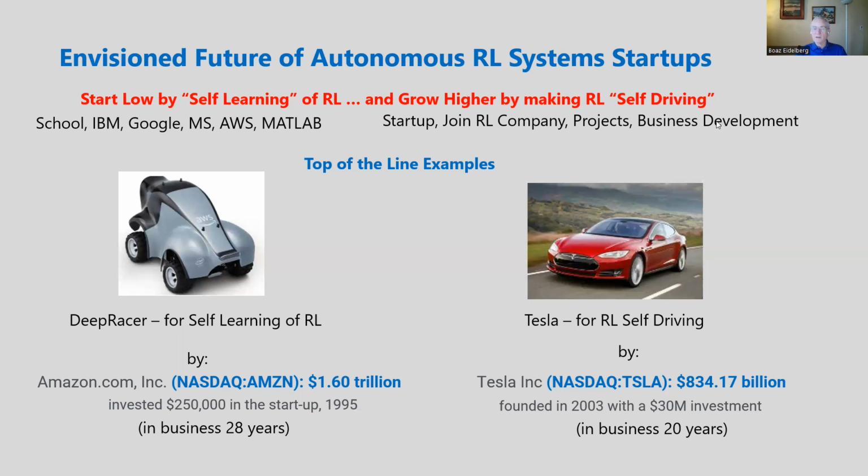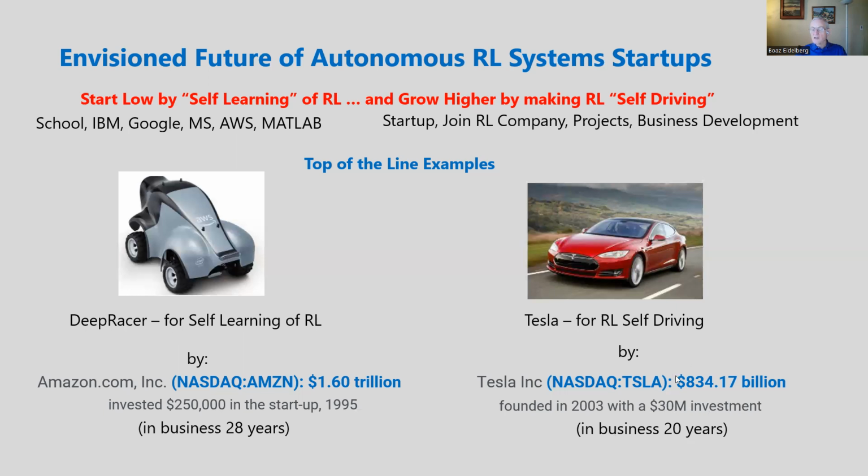And now, if you want to take a look at the top-of-the-line examples that you can see today worldwide, we can see Amazon, a beautiful example over here of a DeepRacer, which is developed for self-learning of reinforcement learning worldwide. And then we see Tesla, a beautiful self-driving machine that was started 20 years ago with an investment of $30 million.